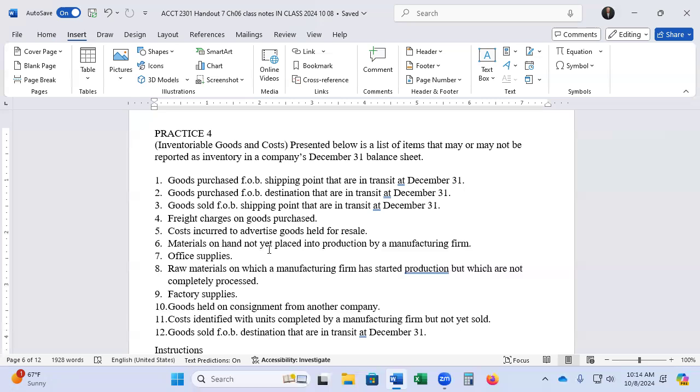What do you guys got? At least. Okay. All right, you're getting some guesses in there. Good. Some of them are obvious. You should be able to tackle some of the obvious ones.